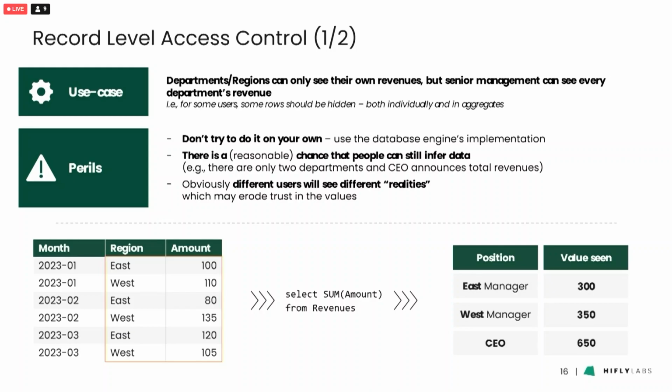It doesn't look like a great problem, but it is. For example, if I can't see any individual salary, but I can see the department's monthly salaries, and I know that only one person joined the company in that month, I can pretty much infer what the person's salary is. So you have to be very, very careful around this.